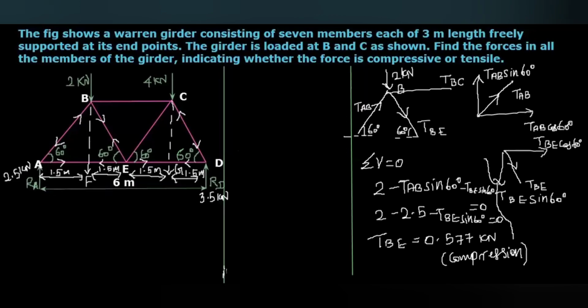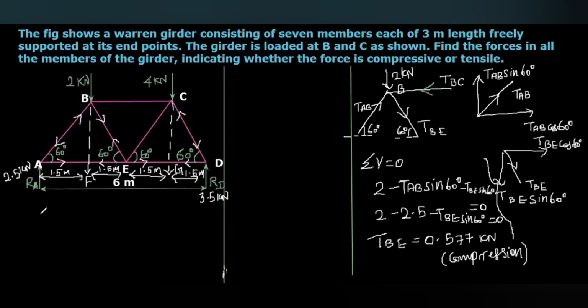TAB cos 60 is also acting towards the right side. So the unknown horizontal force TBC should act definitely towards the left side to compensate the addition of these two horizontal forces.